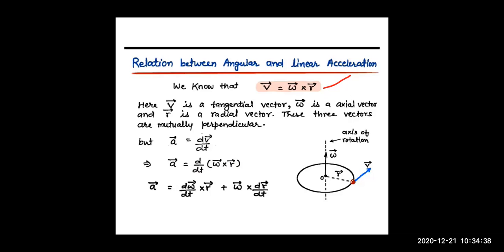Its direction will be from O to the particle. So the magnitude of the position vector r is equal to the radius of the circle.